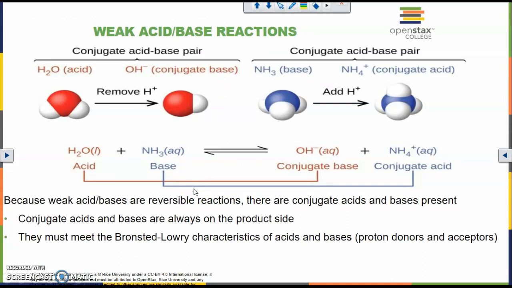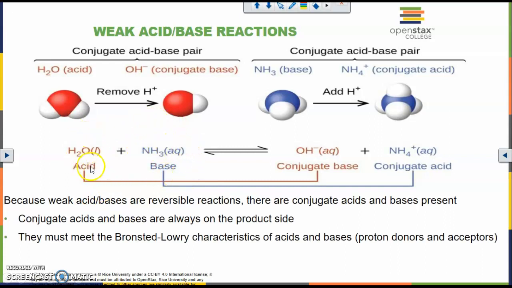Which brings us to the Bronsted-Lowry definition. So the Bronsted-Lowry definition, as you remember, is all about the protons. And when we talk about protons, the hydronium ion, the hydrogen ions, those are all the same. So we're talking about H pluses or H3O pluses or protons. Okay, so here we have an equation. We have a Bronsted-Lowry acid and a Bronsted-Lowry base.